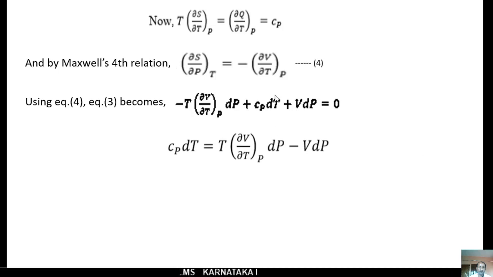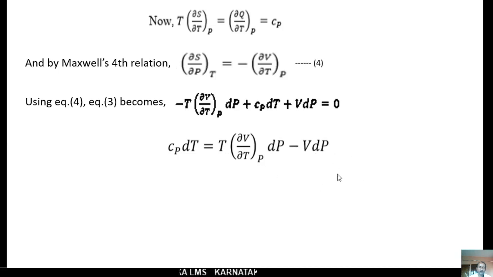Therefore, Cp dT is equal to the remaining terms; these two terms come towards the RHS side. This negative sign becomes positive, that is T into ∂V/∂T into dP, and V dP becomes minus V dP.